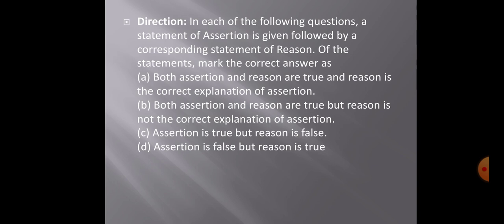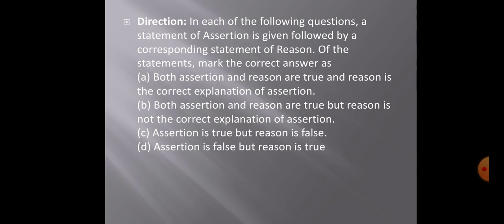Option A says both assertion and reason are true and reason is the correct explanation of assertion, whereas B says both assertion and reason are true but reason is not the correct explanation of assertion. C, assertion is true but reason is false, and D, assertion is false but reason is true.